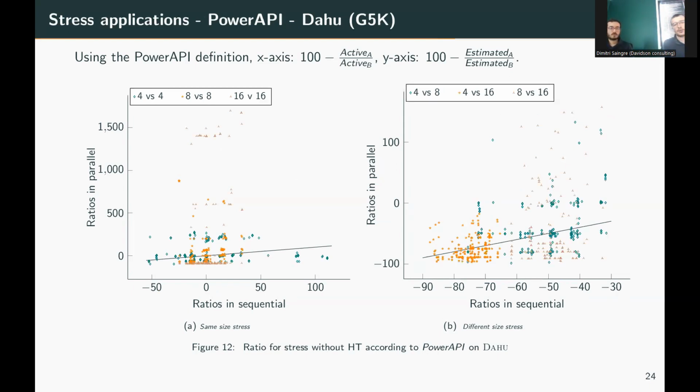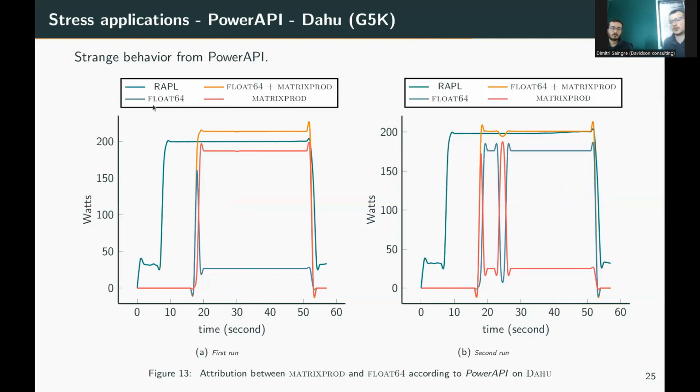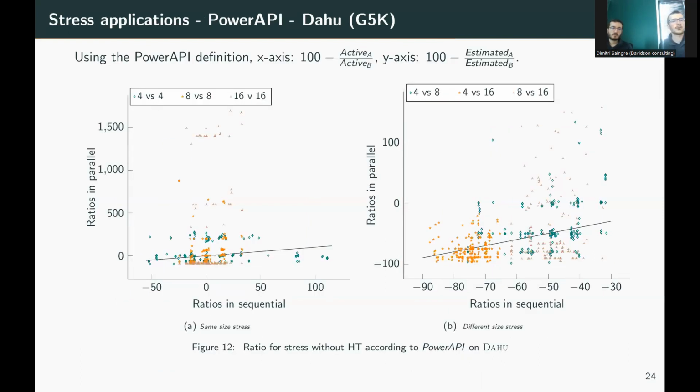And what we can see is that for Power API, the model is completely lost. It gives results that are far away from what we could expect from our evaluation on isolated executions. For example, according to the model, A is consuming thousands of times more than B, when actually they are consuming the same.